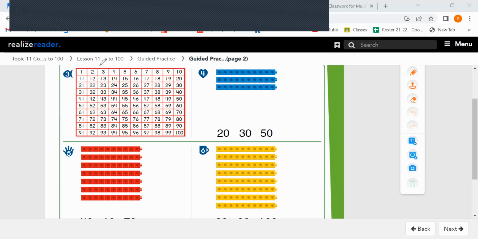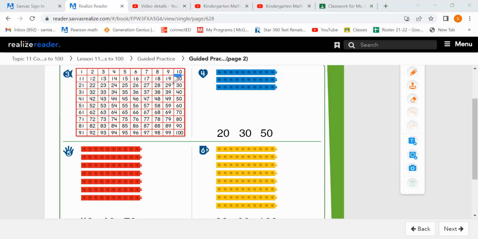Let's look at number 3. Draw a circle around the missing numbers in the following pattern. So listen to the following pattern and circle the missing numbers. So 10, 20, 30.